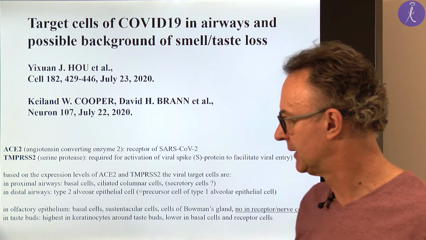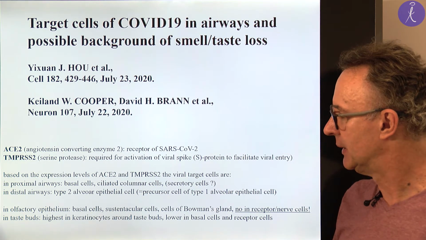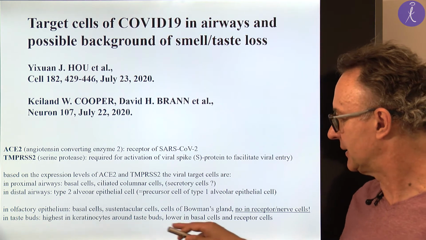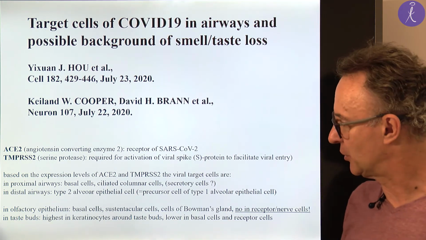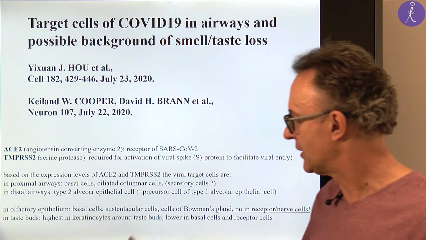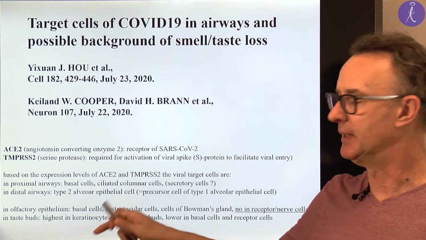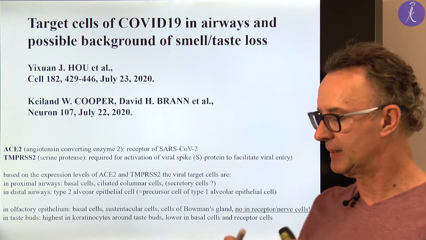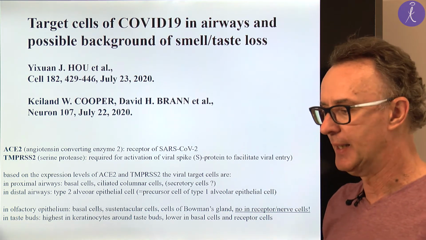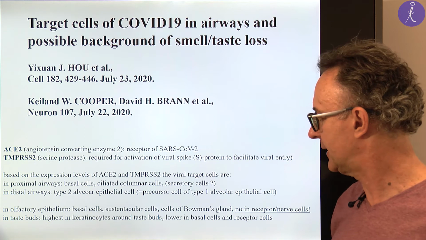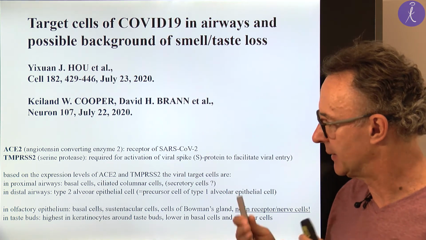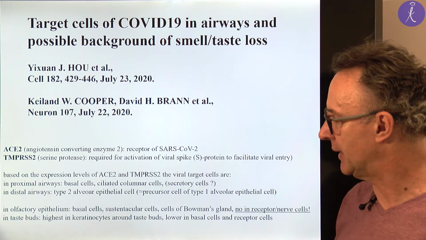In the taste buds, we have expression in the receptor cells, and also in the basal cells and in the keratinocytes around. So what I wanted to say with this: the taste bud is a clear thing, because if the receptor cells are influenced and the virus attacks this cell, then there can be damage in the taste sensation.